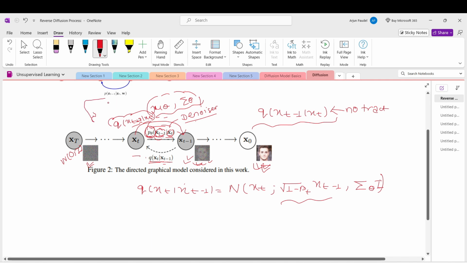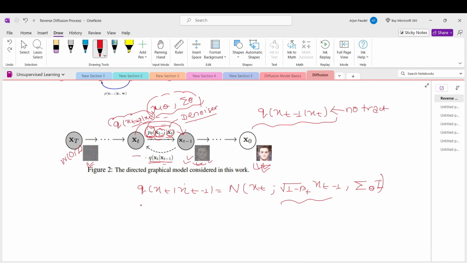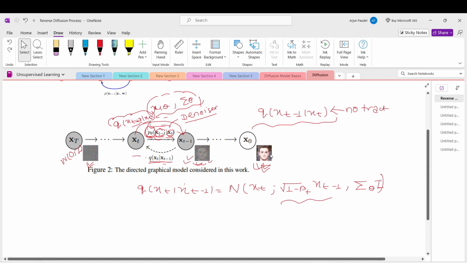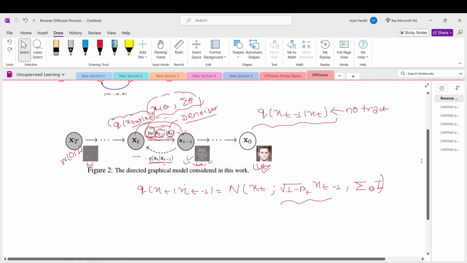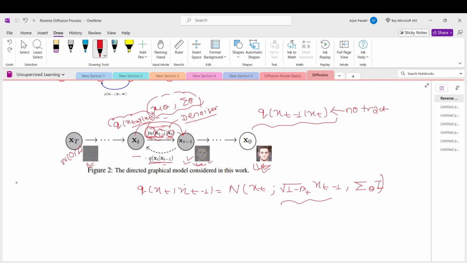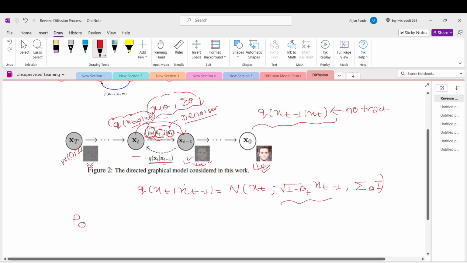So let's deep dive into the reverse diffusion process. We understand what the forward diffusion process is, and it's time to understand the reverse diffusion process. We want to make the neural network p theta, which will take this xt and give this xt minus 1.